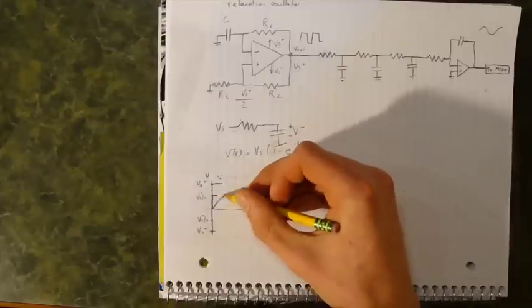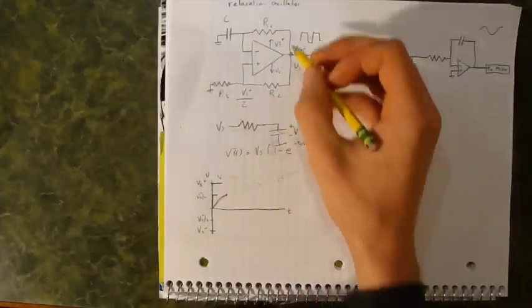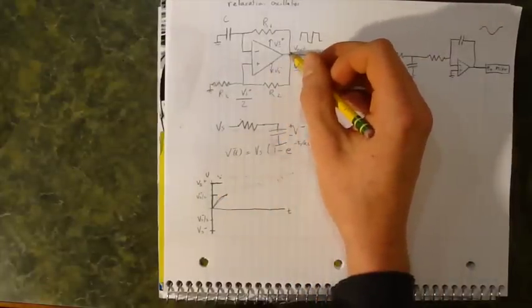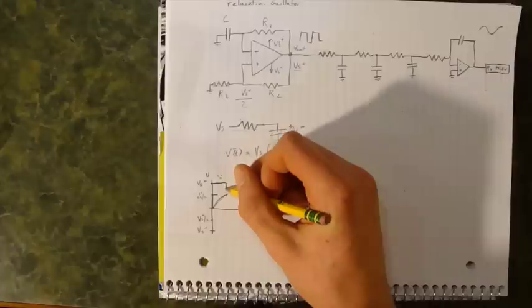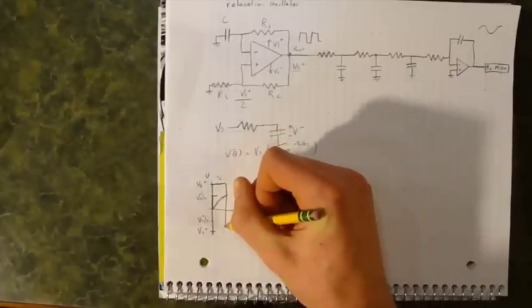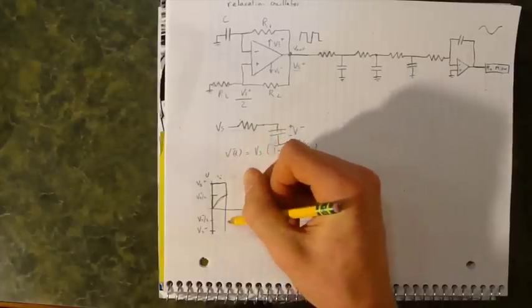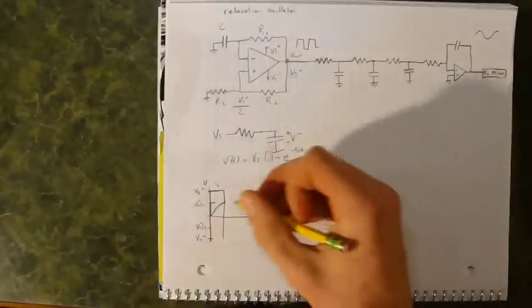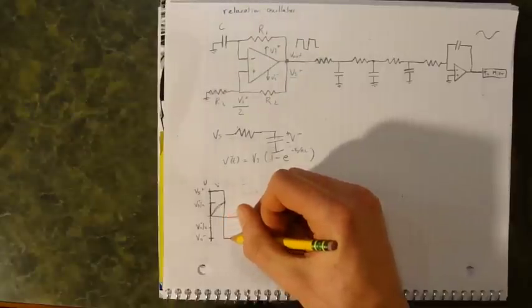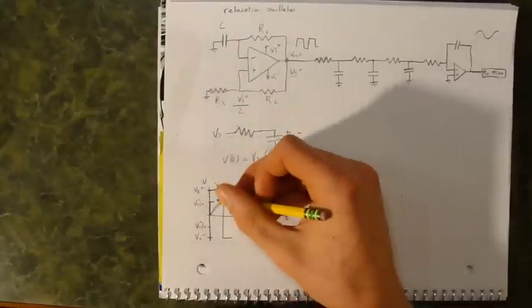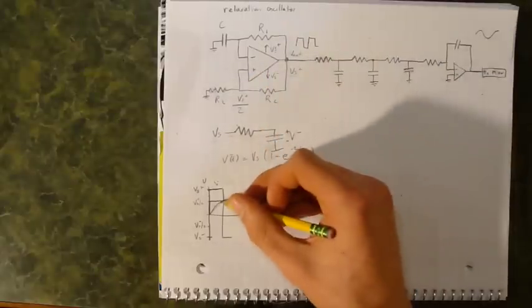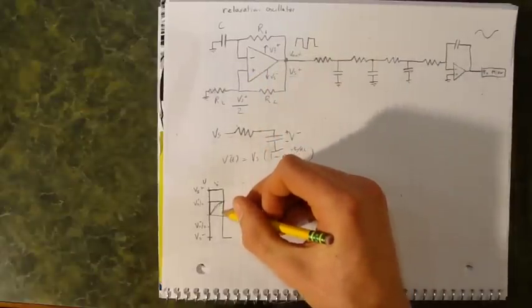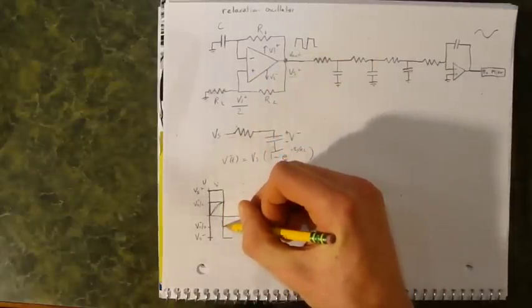When that happens, that inverts the output, and this output drops to negative Vs almost instantly because of positive feedback. So then the V positive pin drops to negative Vs divided by 2 as well.